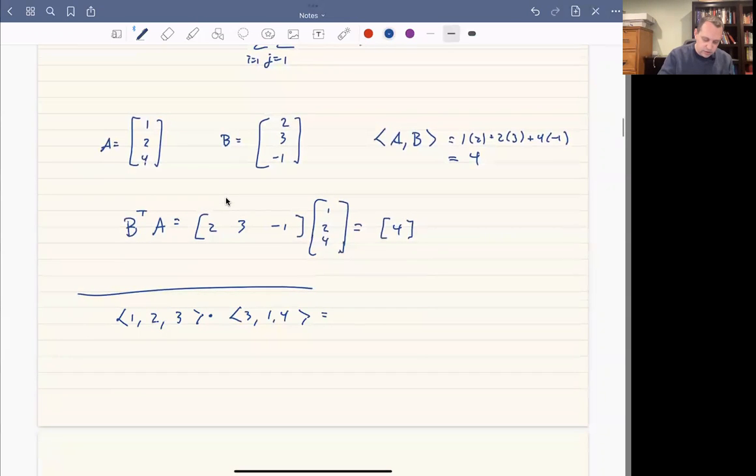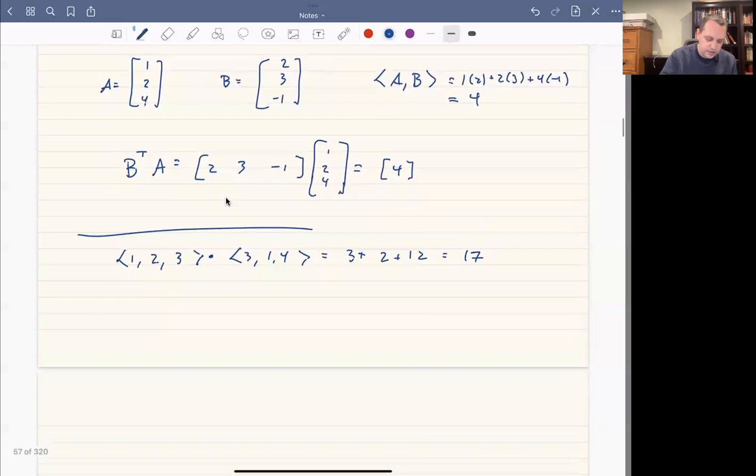We get 1 times 3 plus 2 times 1 plus 3 times 4, so we get 17. And so that's the dot product. But think about what would happen if, since the real numbers themselves are a vector space over the real numbers, I have, say, 4 dotted with, I don't know, 7.